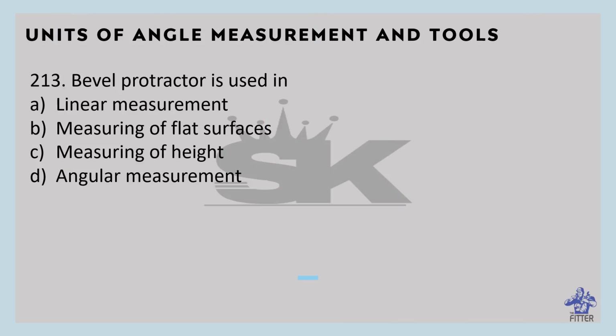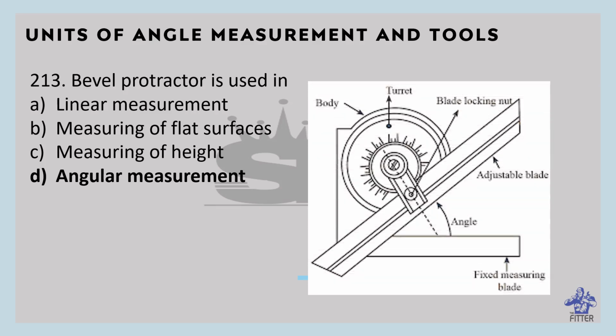Bevel protractor is used in angular measurement. You can see here in the diagram, that is the bevel protractor. So the object is placed here, like this.